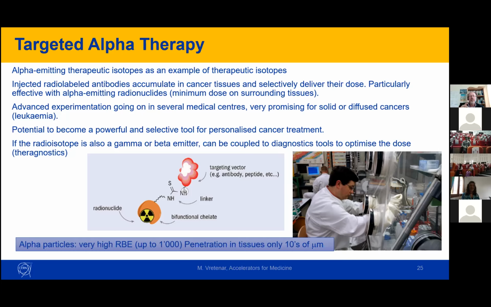And this, from my point of view, is going to be an increasing application of accelerators in the future as soon as these clinical trials come to an end, hopefully with success. There will be a big demand for accelerators for producing radioisotopes for treatment of cancer.